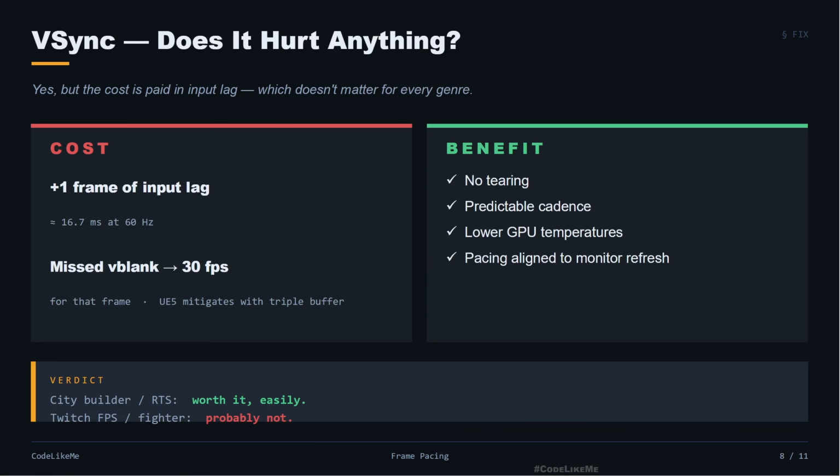These are the costs and benefits of VSync. You have a small lag in the inputs, but the benefit is no tearing, predictable cadence, lower GPU temperatures, and frames aligned to monitor refresh. For a city builder or a strategy game, it's totally worth it. For an FPS, maybe not, but it's your decision.